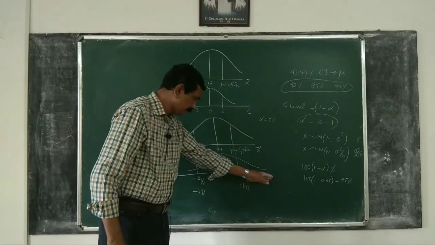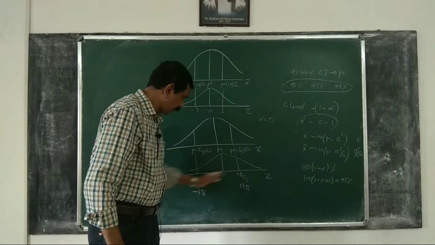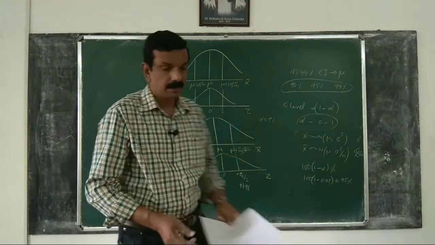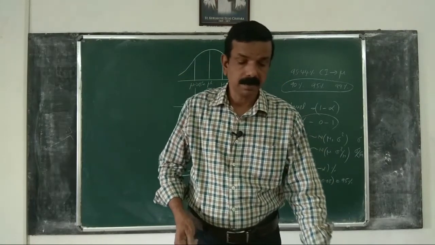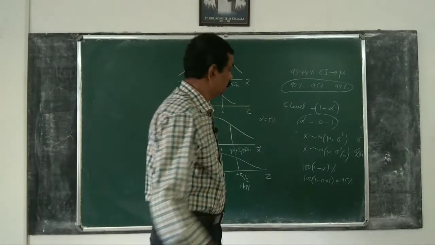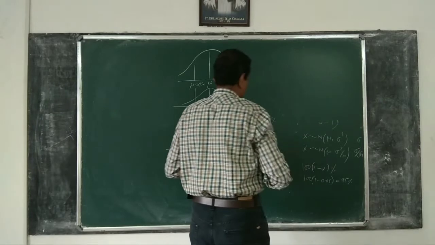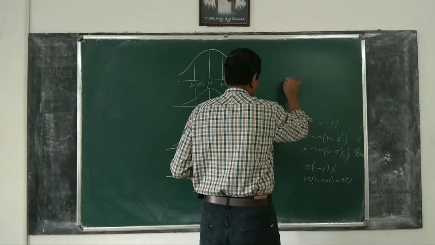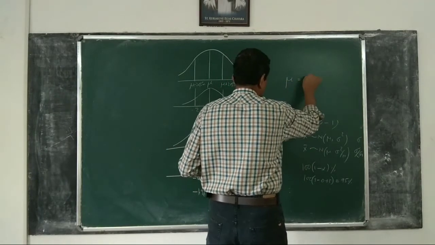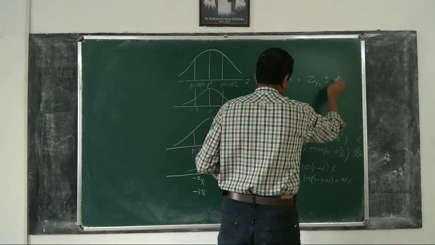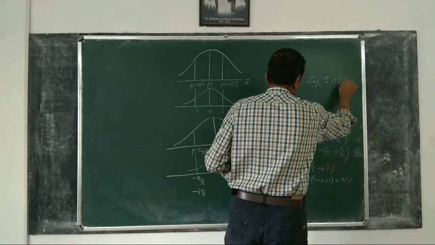In terms of Z, 95% of Z lie between minus 1.96 and plus 1.96. So the confidence interval can be written as mu is equal to x bar plus or minus Z alpha by 2 sigma by root n.